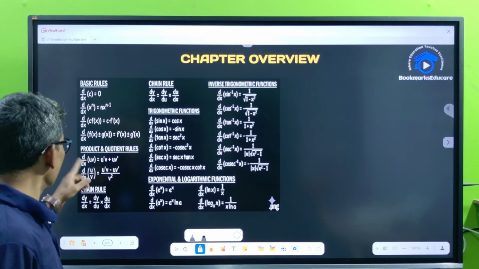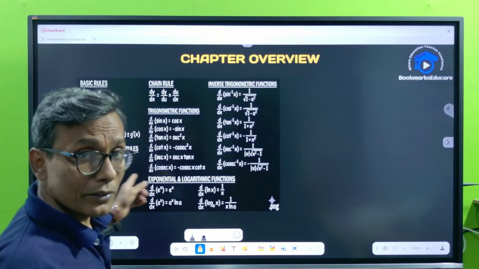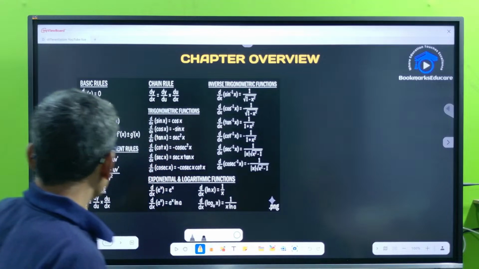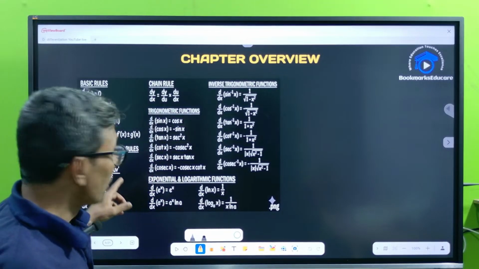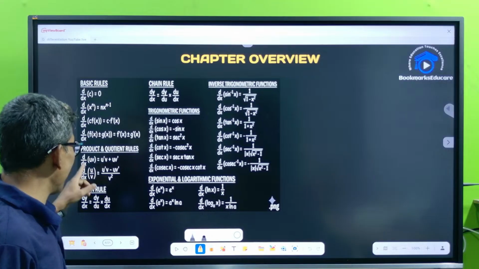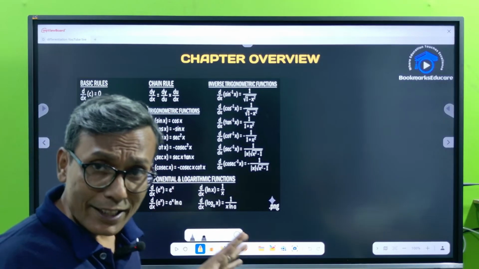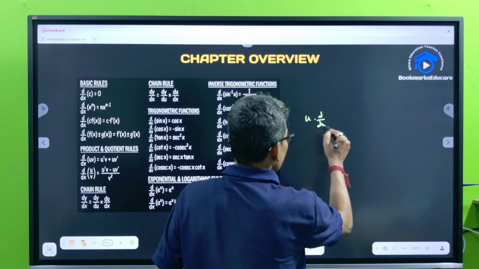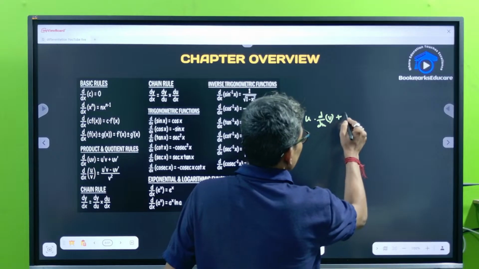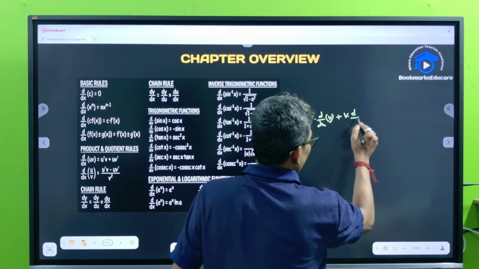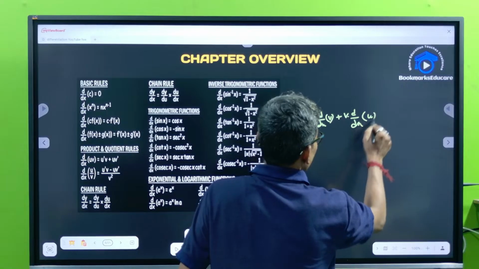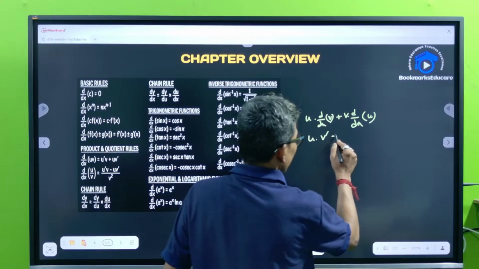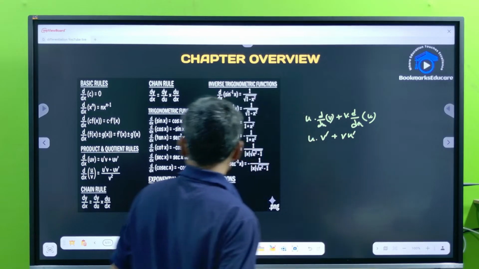Here u and v are different functions in multiplied form. d/dx of u into v is u into d/dx of v plus v into d/dx of u.